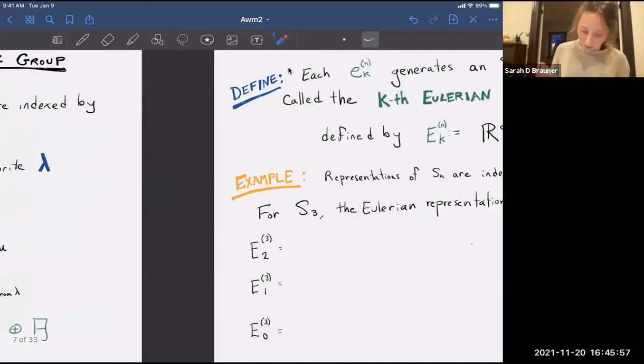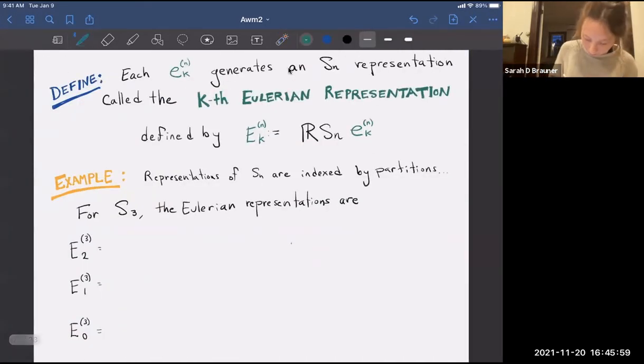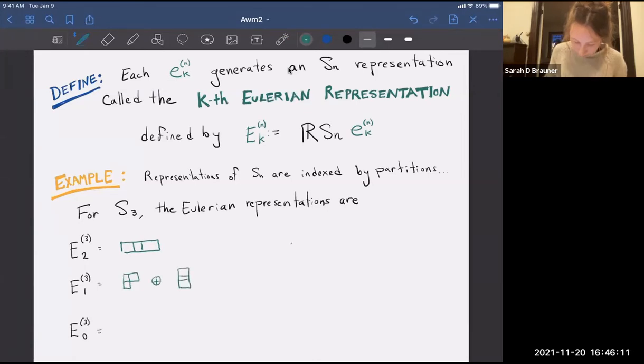And so another way of saying this is that actually the representation that that idempotent generates is the trivial representation. Okay, the other ones are a little bit harder to see, so I'll just tell you what they are. This one looks like this, and then this last one looks like this. And you might notice this is a decomposition of the regular representation of S3, which is going to be true in general.